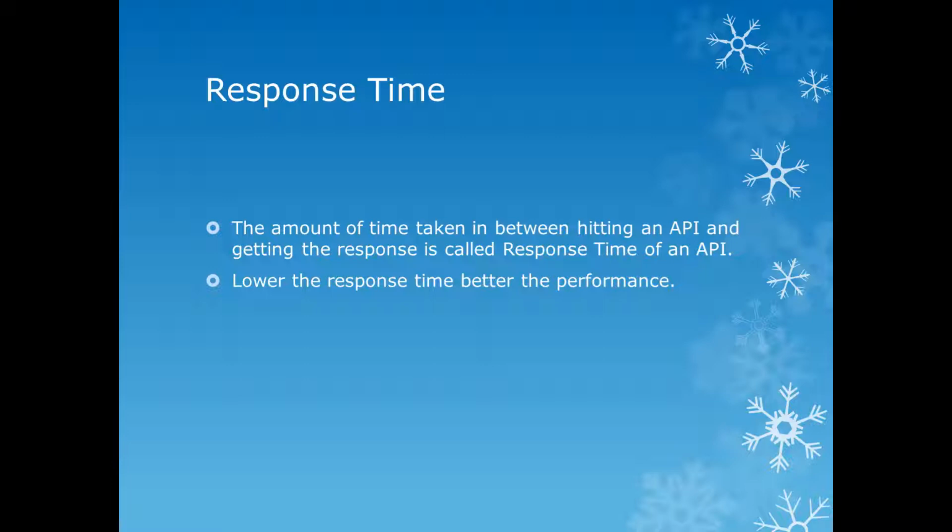If the response time of an API is lower, then obviously the performance will be much better. When the developer integrates those APIs into the UI, the UI performance will also be faster, because UI performance very much depends upon the response time of backend APIs, correct? I hope we are clear with the response time now.